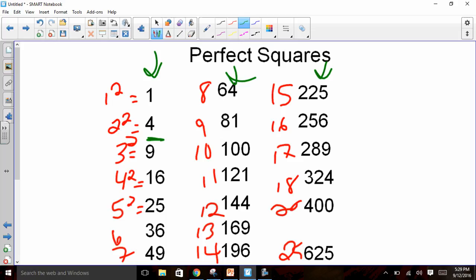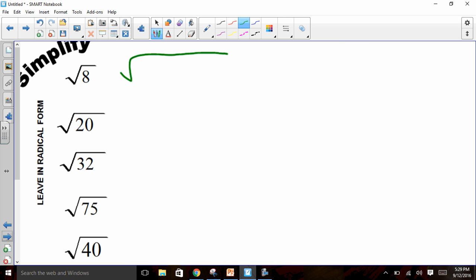Now, I'm not looking for the same number twice. I'm looking for one perfect number times another number. Well, you're probably thinking 4 times something gives me 8. Well, 4 times 2. So 4 is perfect, but 2 is not. So 4 times 2 gives me that 8.